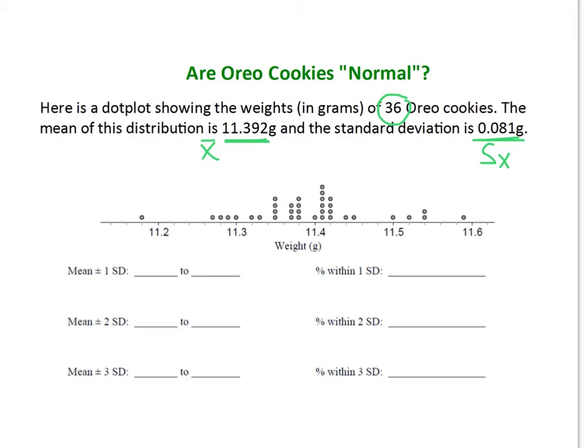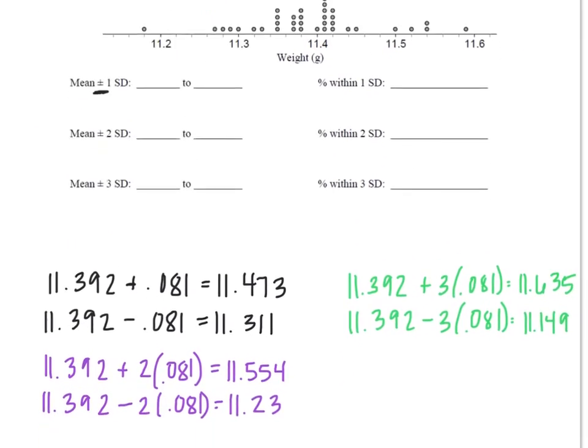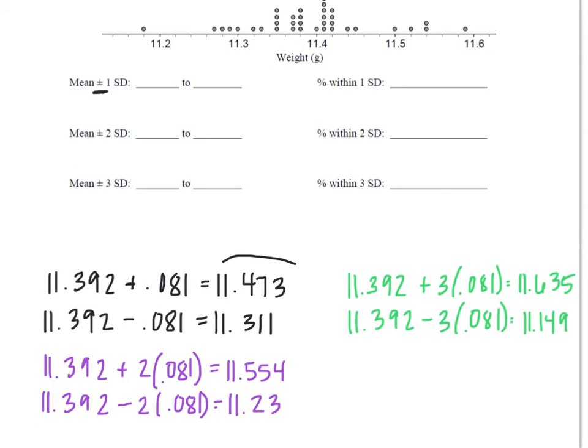If I add one standard deviation to the mean, that gives me this range right here of 11.311 to 11.473. So I took the mean, I added one standard deviation, and subtracted one standard deviation, and that gave me a range of 11.311 to 11.473.